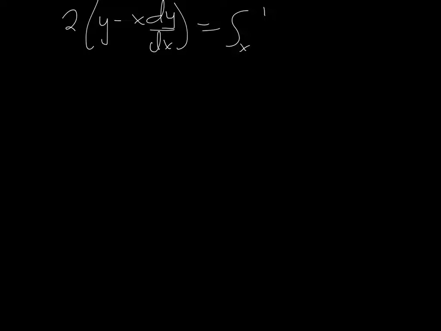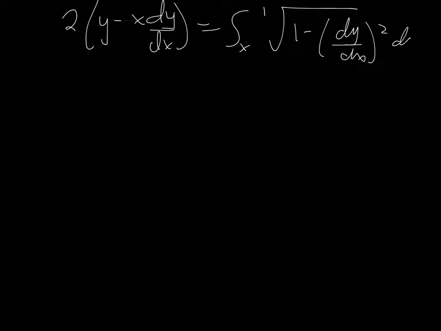Okay, so let's pick it up where we left off in the last video. I think what we had is 2 times (y - x dy/dx) equals the integral from x to 1 of the square root of 1 minus (dy/dx) squared dx.